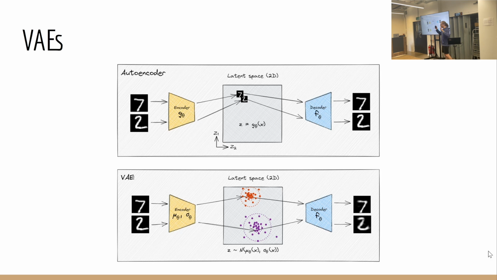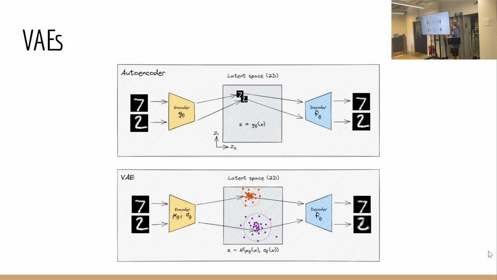This means that not everything gets mapped to a single spot, the model has to make more rich use of the latent space, it fills up the entire space. It also means that there's going to be overlap between these two regions. So something that lives halfway between 7 and 2 has to look a bit like a 7 and a bit like a 2.